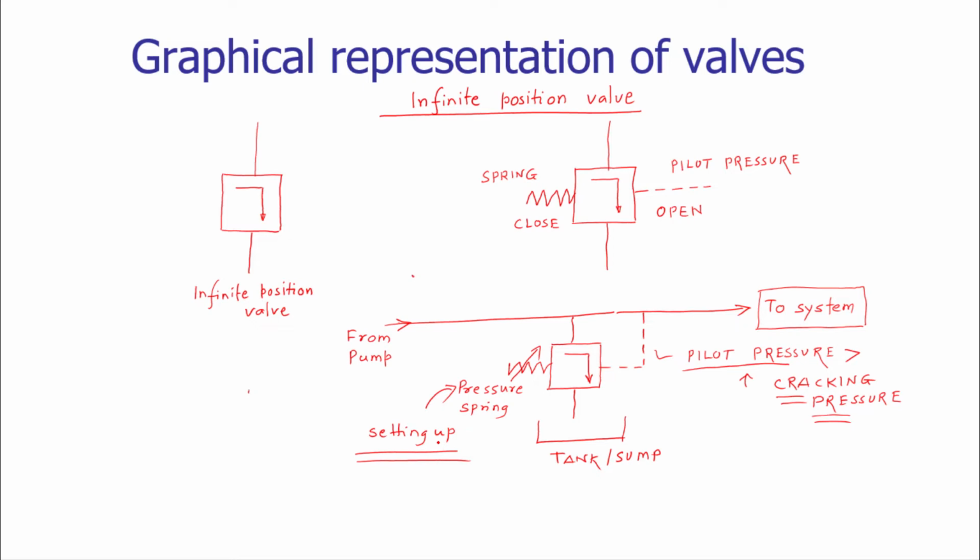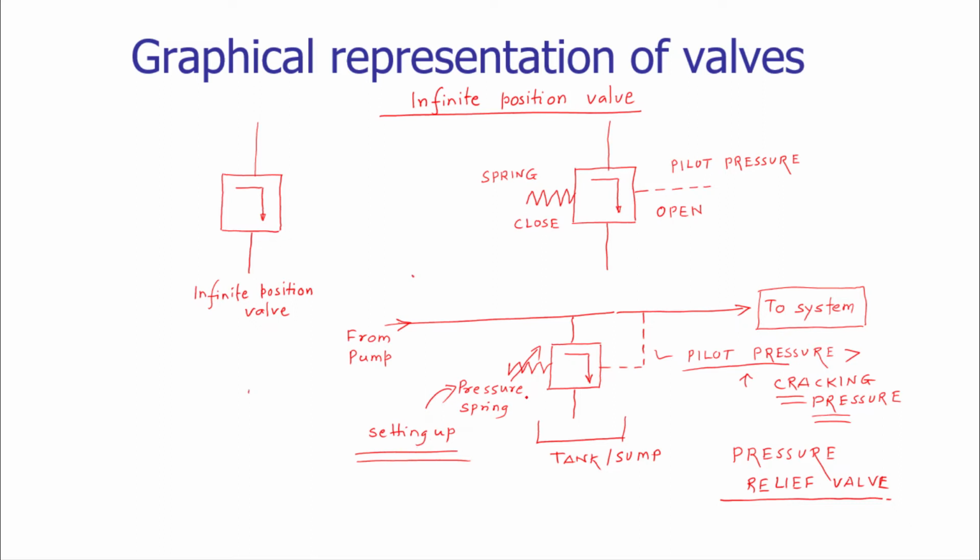So in this way, a simple infinite position valve is converted into a pressure relief valve. By default it is closed. The pressure of the spring has been set up by a screw.